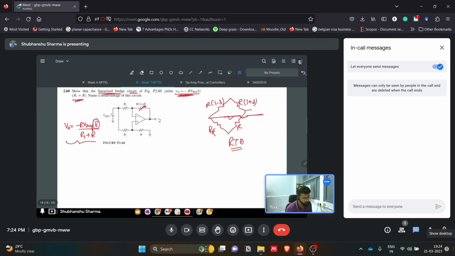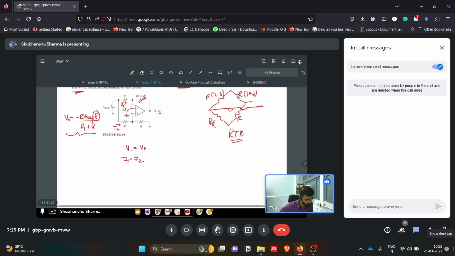If we see this circuit, this is R1, and we know this voltage V minus and V plus are equal. So the current through this and the current through this will be the same. Let's say this is I2, this is I1, so I1 equals I2.